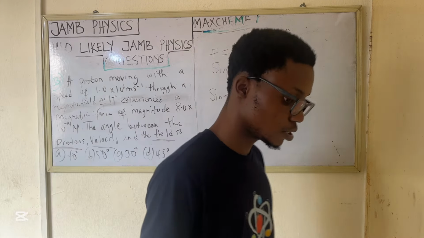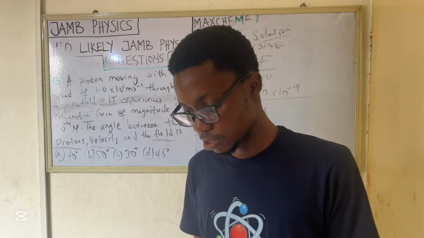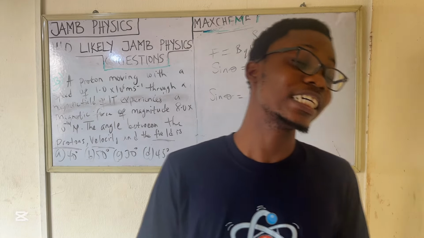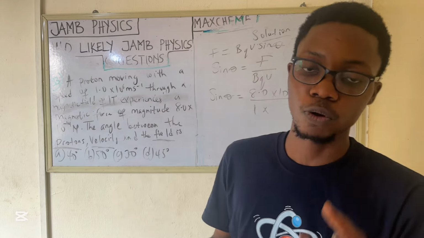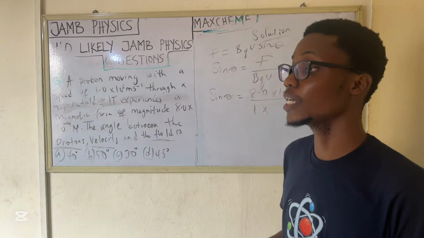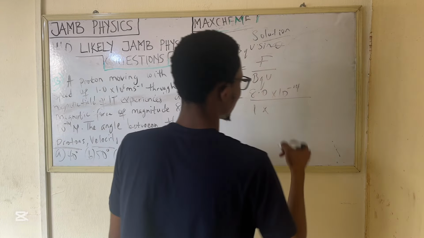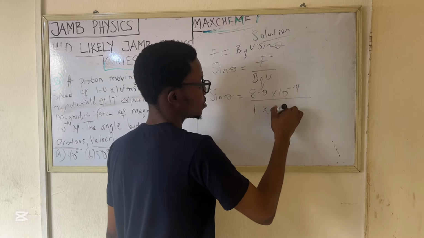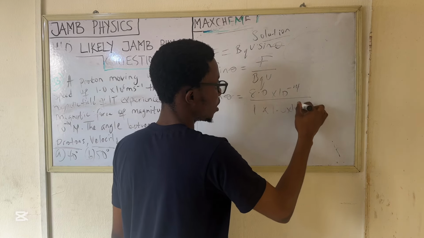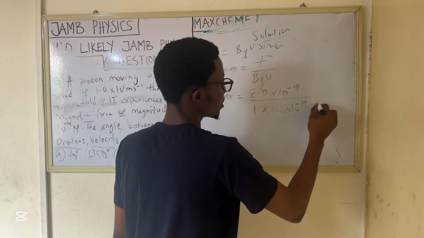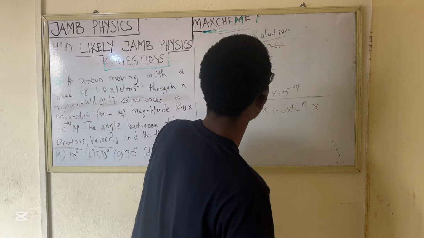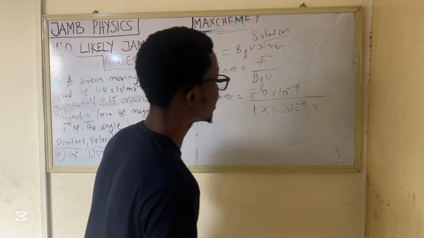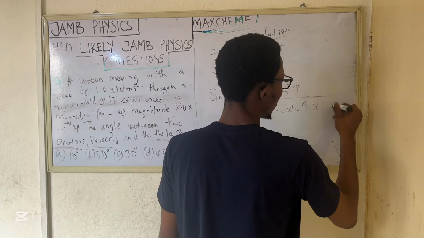It is a constant: 1.6 times 10 raised to the power minus 19 coulomb. Times the velocity, which is 1.0 times 10 raised to the power 6 meter per second.